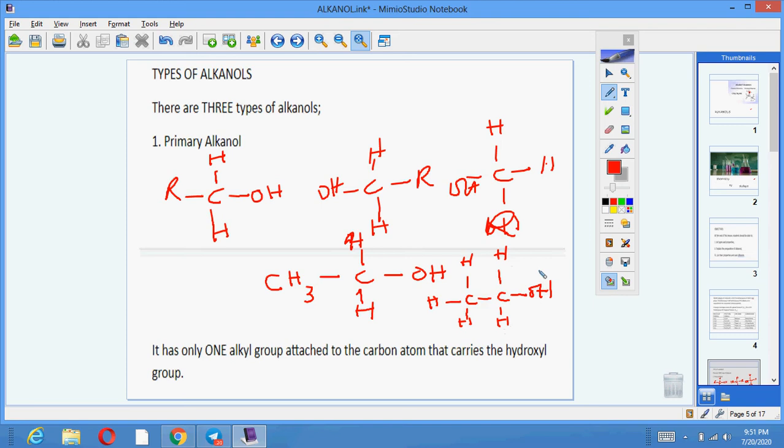The primary alkanol has only one alkyl group attached to the carbon atom that carries the hydroxyl group.